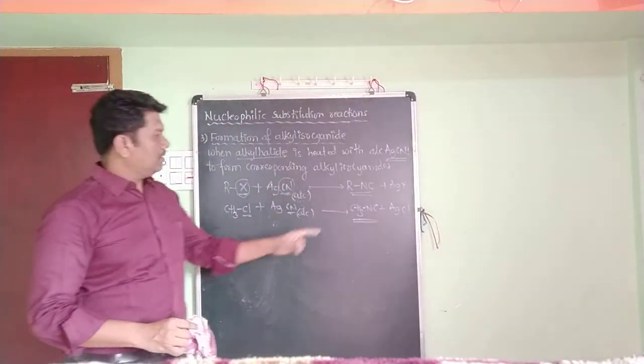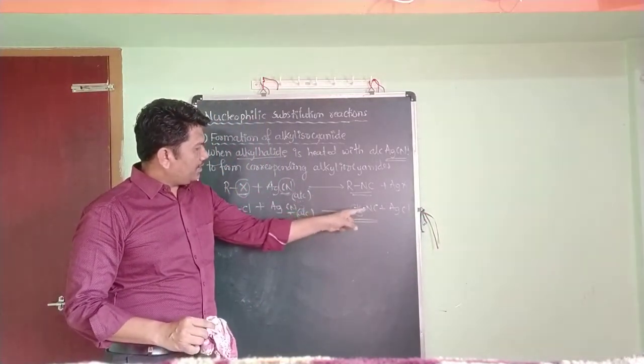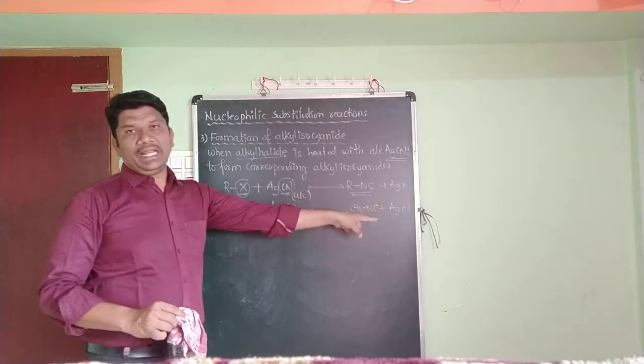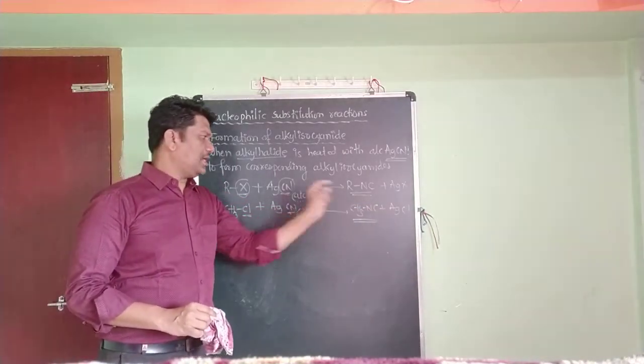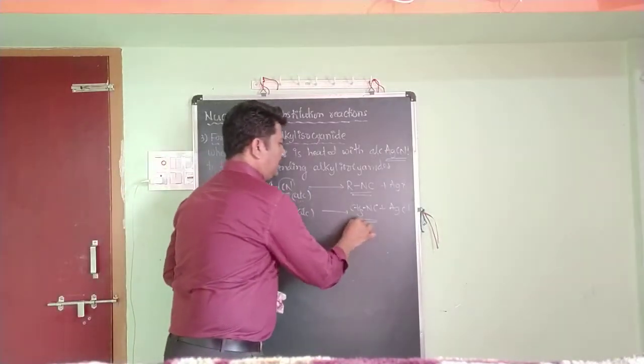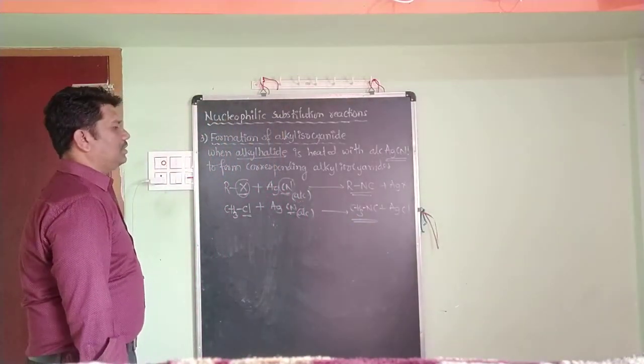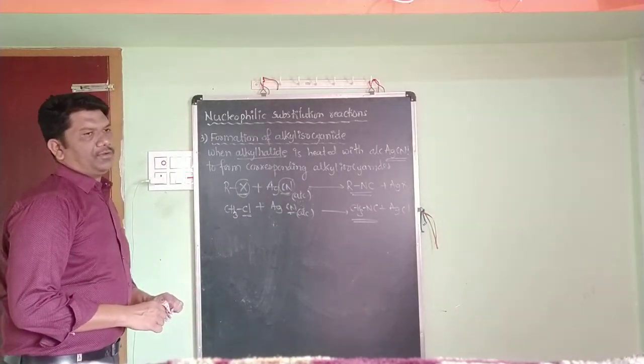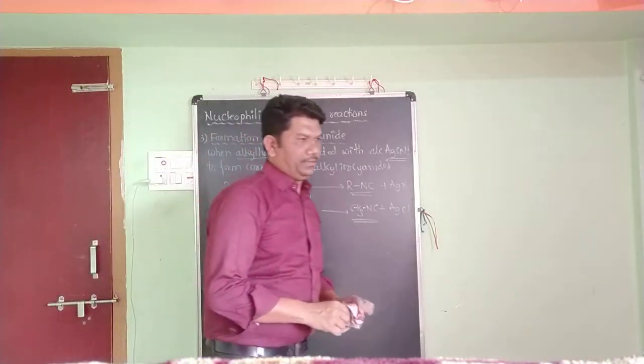CH3NC is an alkyl isocyanide, and the name of the product is methyl isocyanide. So this is your third example for nucleophilic substitution reaction, formation of alkyl isocyanide.